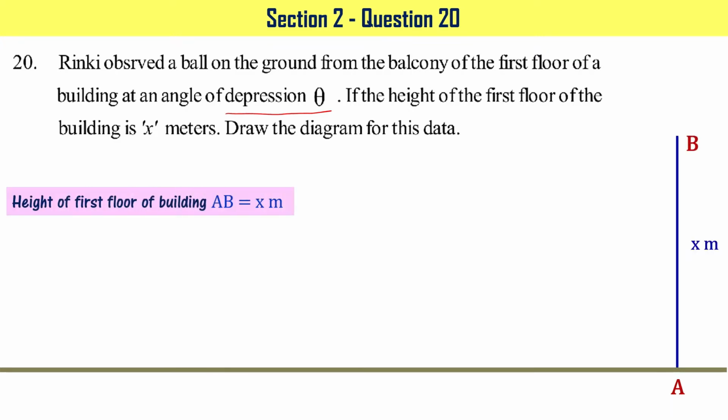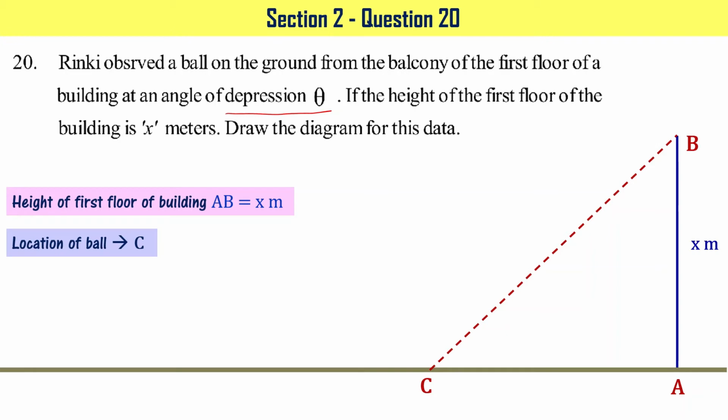Let's say that height of the first floor of the building is AB equal to x meters, right? And Rinki has observed the ball from the first floor at an angle of depression theta. Let's say that location of the ball is C. And now we have to mark angle of depression, right? Angle of depression is theta.